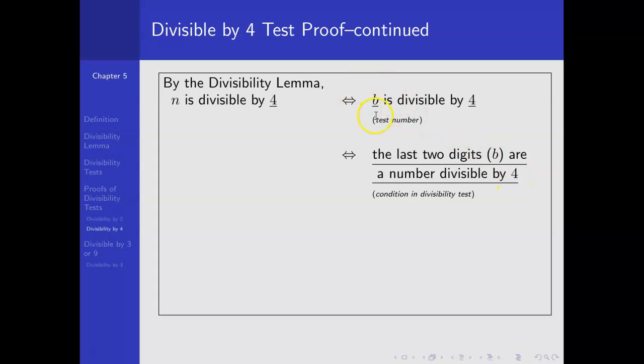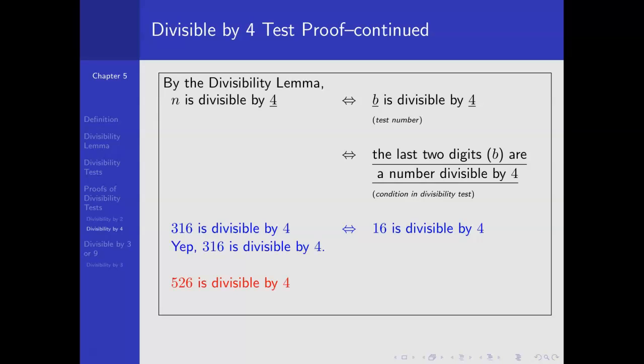So how do we know if b is divisible by 4? Well, if those are divisible by 4, then that works. So 316 is divisible by 4 if and only if 16 is divisible by 4, which is true. 526 is divisible by 4 if and only if 26 is divisible by 4, and it is not. So 526 is not divisible by, that should be 4.